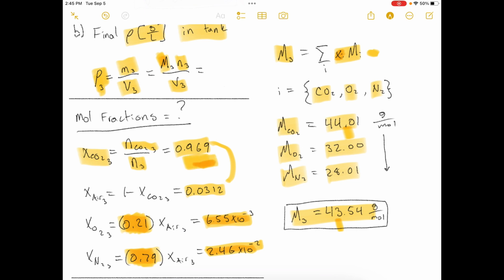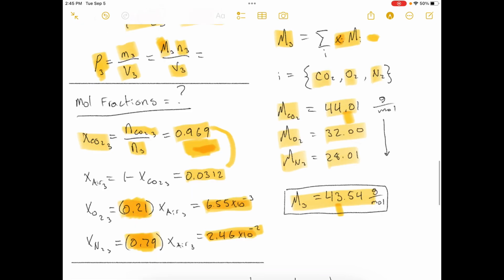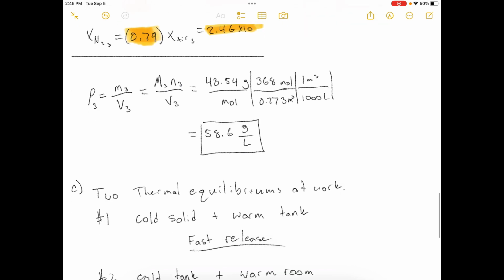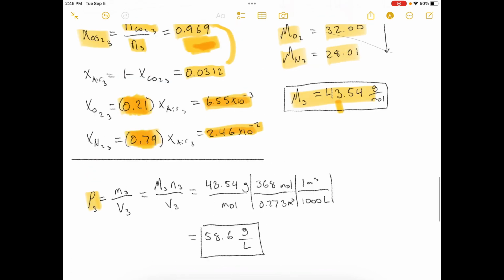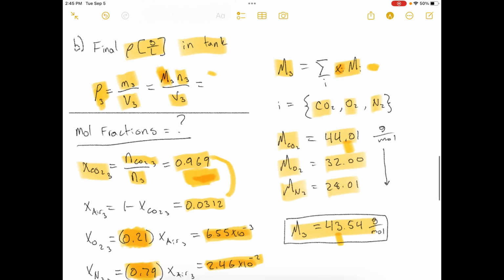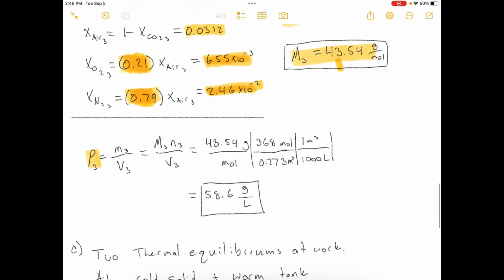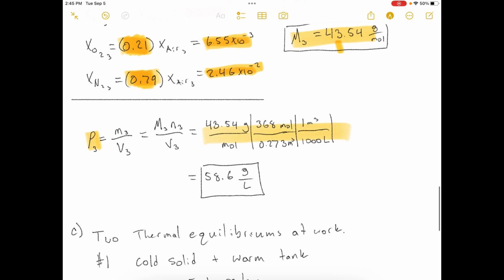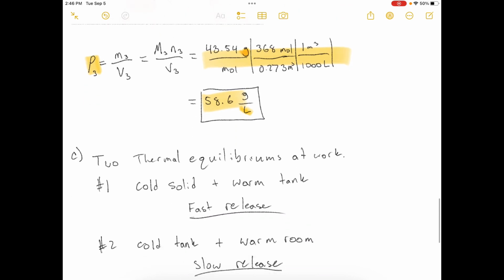That's because most of it is carbon dioxide, so it's going to be heavy. So that means the density, going back up here, remember all we needed was the molar mass. You just multiply all those together and you get 58.6 grams per liter. I made sure to do the units so that you could see and convert it into grams per liter, because that's what they asked for.